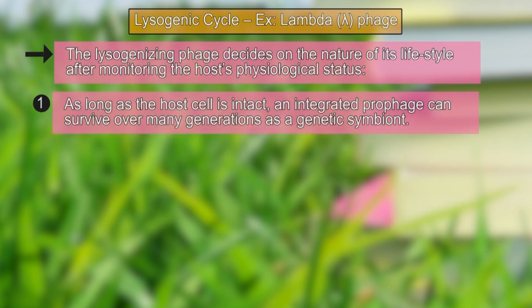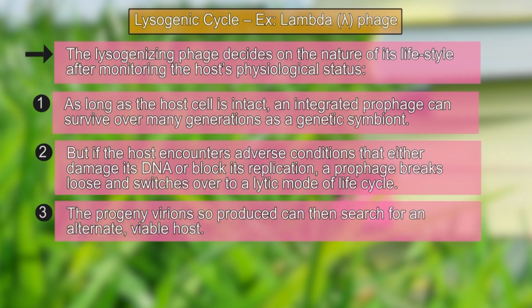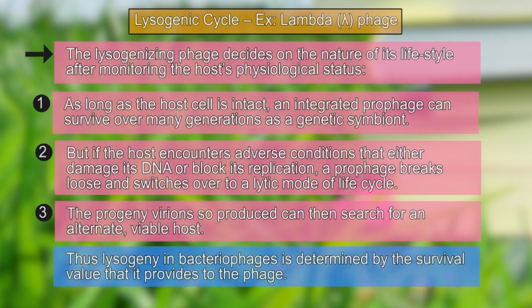As long as the host cell is intact, an integrated prophage can survive as a stable genetic symbiont, but whenever there is any damage to the cell, the phage DNA gets excised out of the bacterial chromosome and it replicates and switches over to the lytic mode. Thus, lysogeny in bacteriophages is determined by the survival value that it provides to the phage.